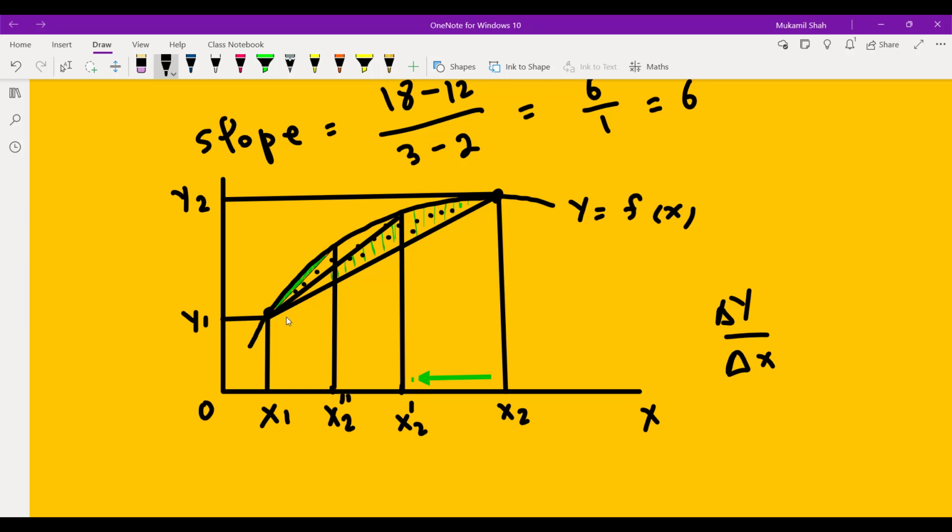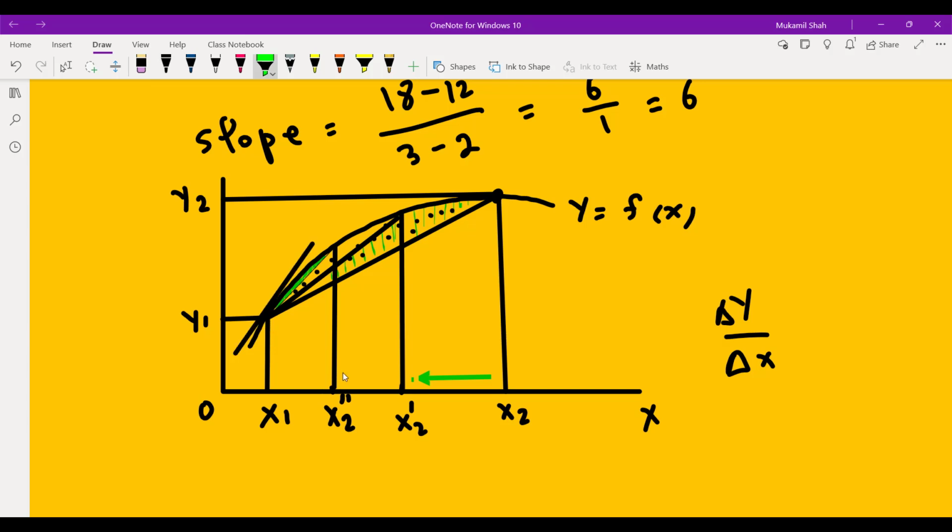If we do the same practice again and again, restricting the interval between x1 and x2 to be pretty close to each other, then this secant would become a tangent. It will touch the graph at one point, and it will be something like this.